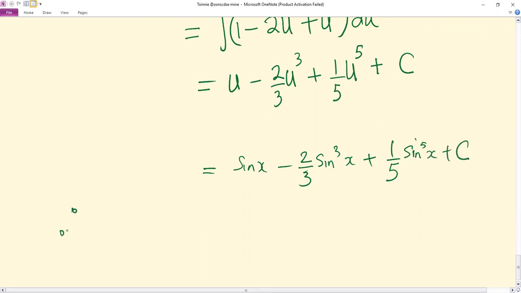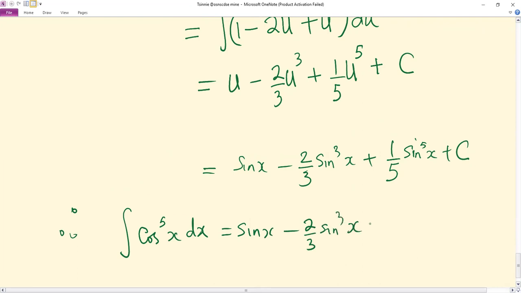So therefore, the integral of cos power 5 x dx is the same as sine x minus 2 over 3 sine cubed x plus 1 over 5 sine power 5 x, then plus c.